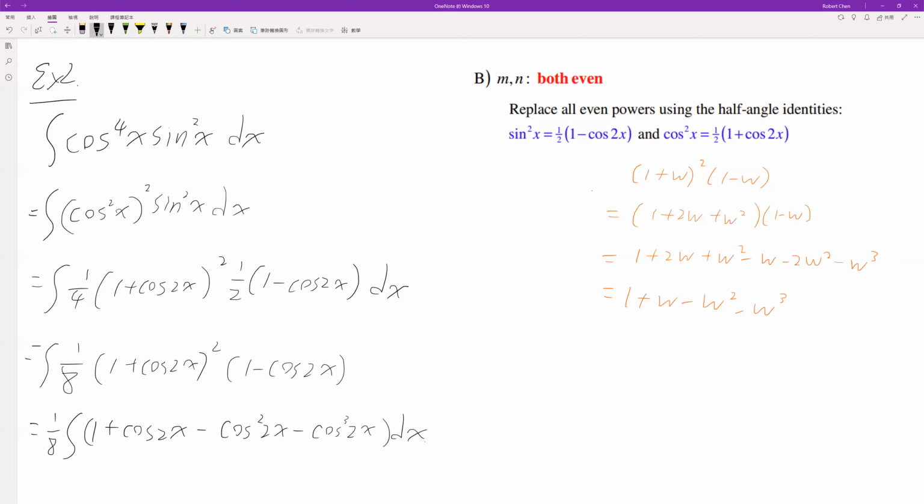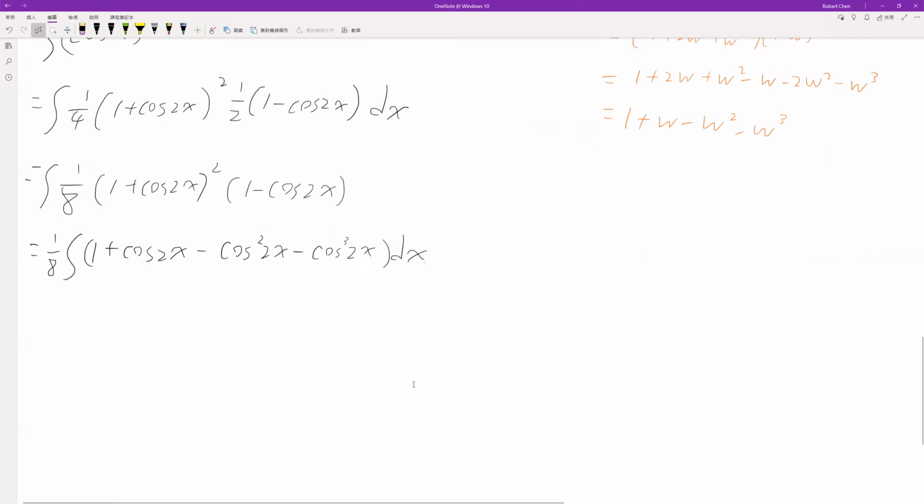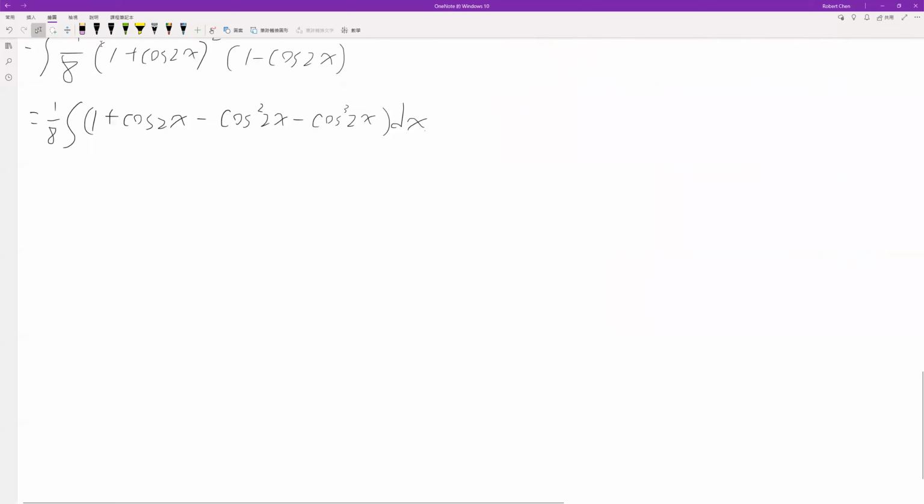Okay. All right, so let's take a look at these four terms. Now, the first two are easy, and then the last two might require some work. So let's break it down into parts. Let's call this A, B, C, and D.